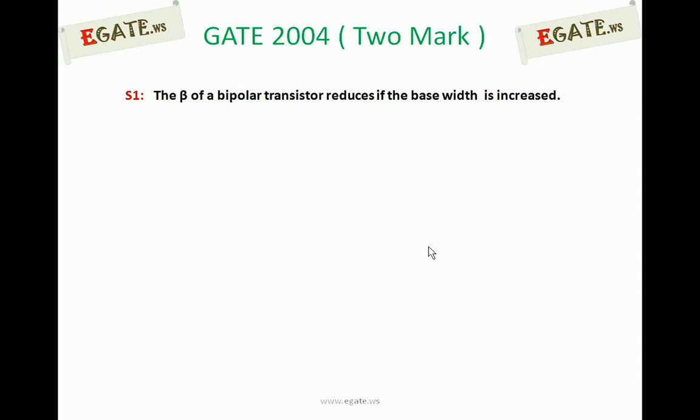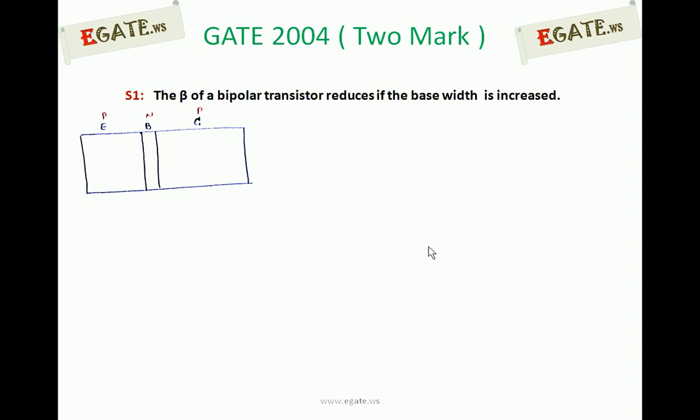This is Statement 1. The beta of a bipolar transistor reduces if the base width is increased. So, if base width increases, what happens to beta? Let us assume we are going with a PNP transistor. A transistor consists of 3 terminals: emitter, base and collector. Emitter and collector are P type and base is N type.